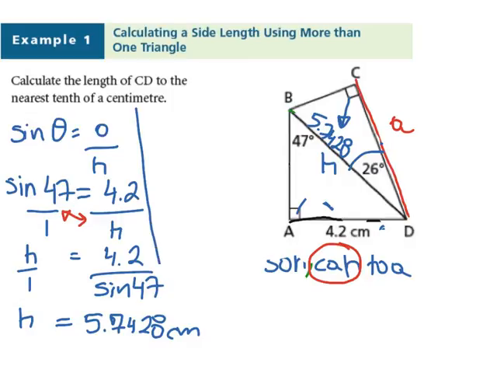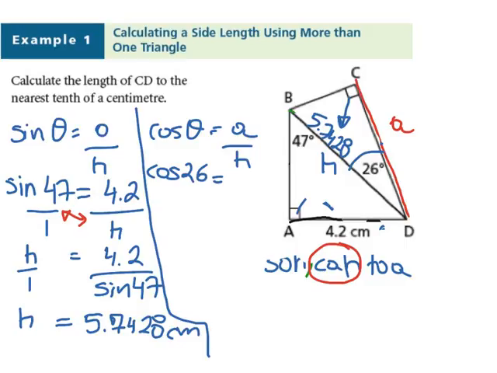So we're going to do it on the side. Cos of any angle is the adjacent side over hypotenuse. Now we're going to plug in the specific values. Cos 26 is adjacent, that's what we're looking for, over hypotenuse. Still solving for A, we cross multiply. That means we're moving the 5.7 and multiplying the cos 26. So we get 5.7 cos 26 is equal to our adjacent side.